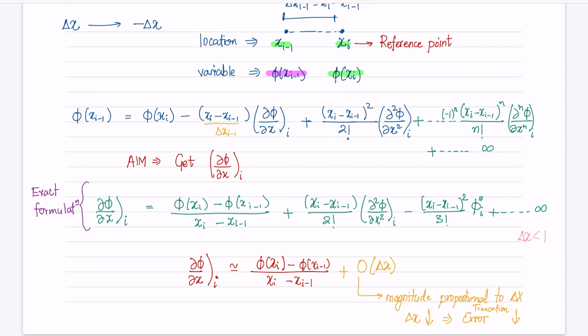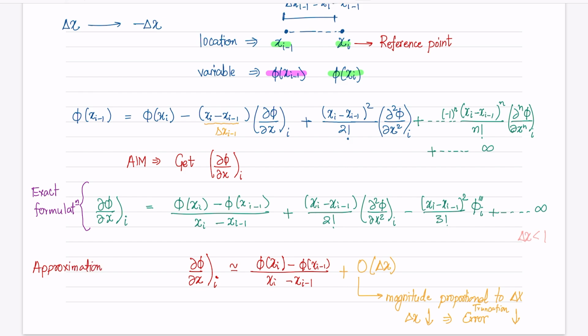So if delta x is reduced by 2, then the truncation error would also reduce by roughly a factor of 2. And vice versa, if delta x is increased by a factor of 4, then the truncation error would also increase by approximately a factor of 4. So that is the basic idea of this truncation error. So this is the expression that we end up with, and this expression is an approximation.